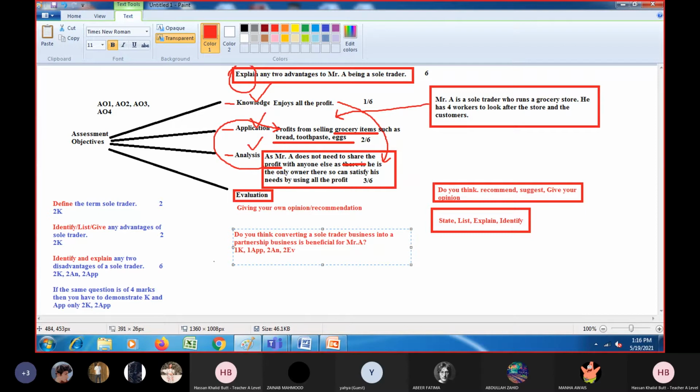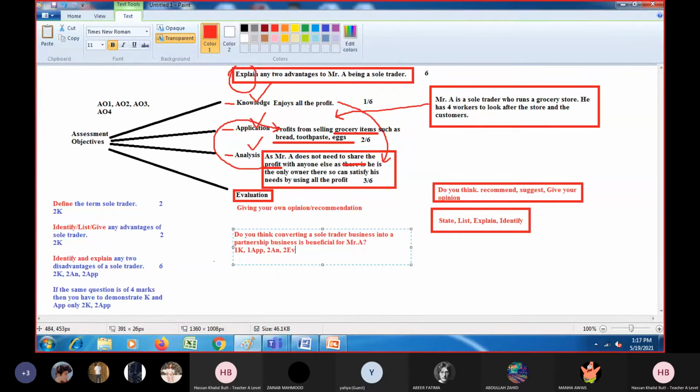Okay, all right. So now it should be clear to every student that this is the assessment objective, and this many marks are there for meeting each objective, right?